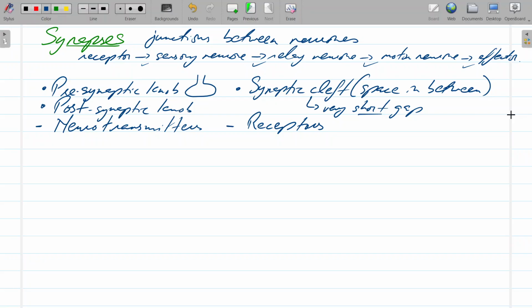So the shorter the gap, the more efficient it will be. But the point is that neurons do not touch. They could be very close, but still not in contact. So this part is the synaptic cleft, this is the presynaptic, and this is the postsynaptic. Okay.